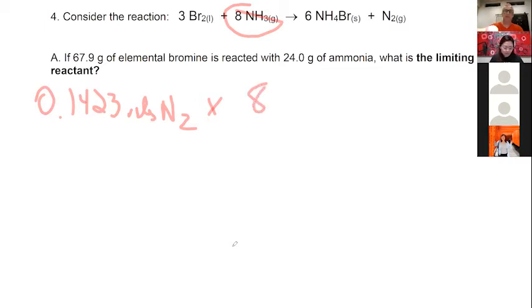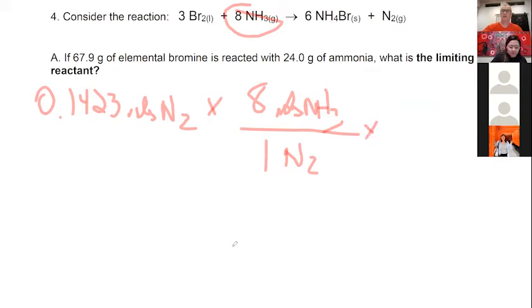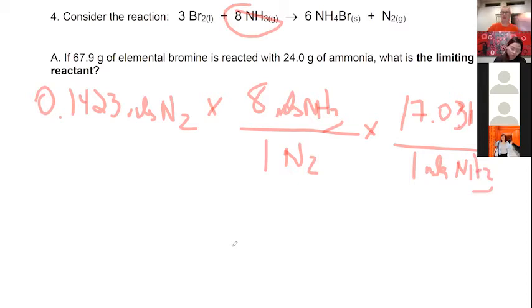So that's 8 moles of ammonia over 1 mole of N2 times how many grams of ammonia is that? 17.031, the molar mass of ammonia, over 1 mole of ammonia. So we should get a much different answer this time. 0.1423 times 8 times 17.031.